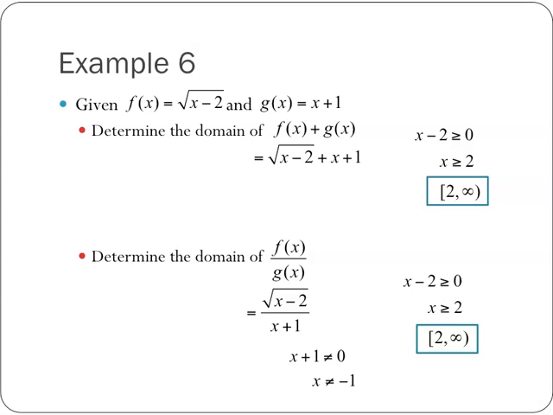It is still important to check. For example, if in the denominator you had x minus 3, then you would know that x could not equal positive 3, and then you would have to change your domain to go from 2 up to 3, not including 3, and then from 3 up to infinity.